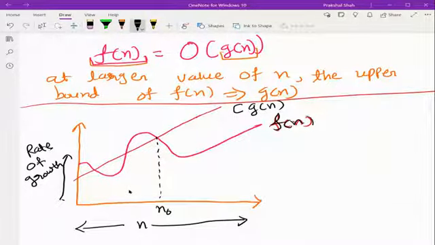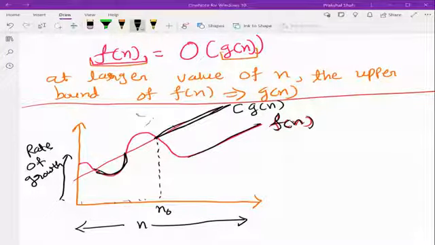For smaller values of n we cannot guarantee, and the complexity can be lesser, but for larger values of n, the complexity will never be more than g of n. At most it will be on this line, but it cannot go beyond it.